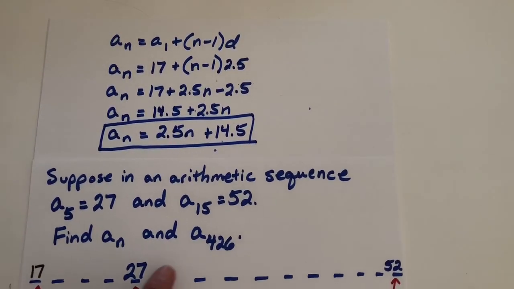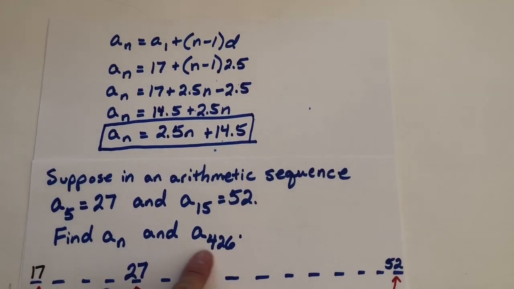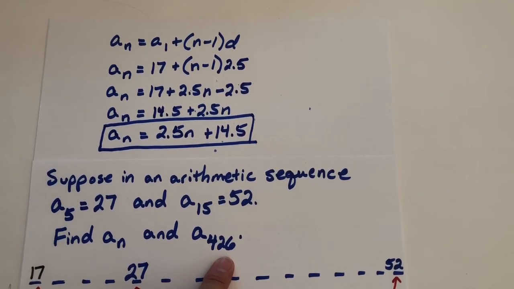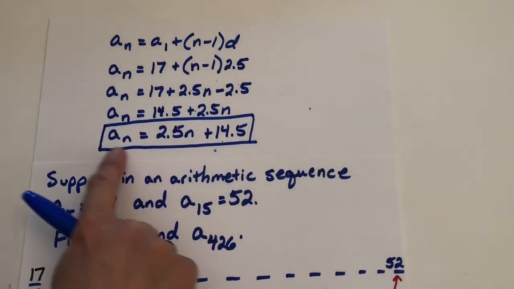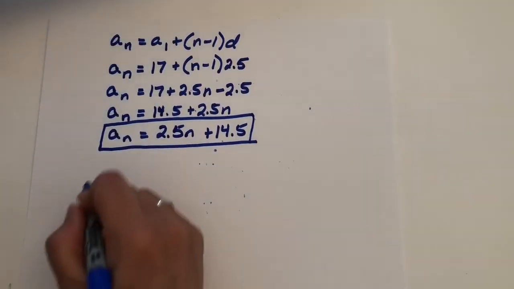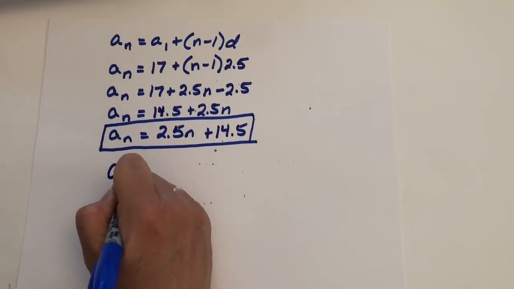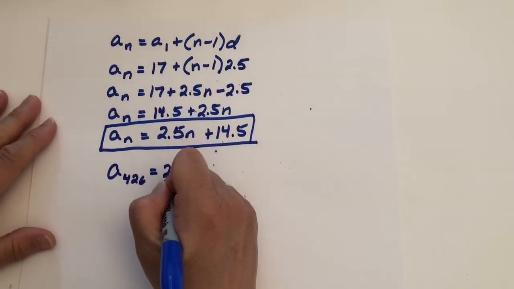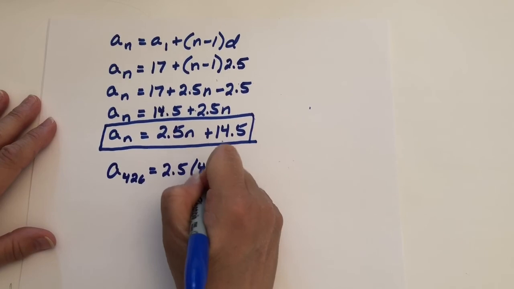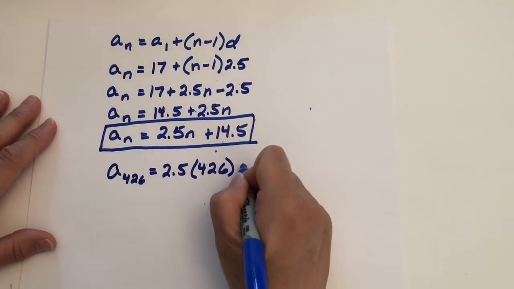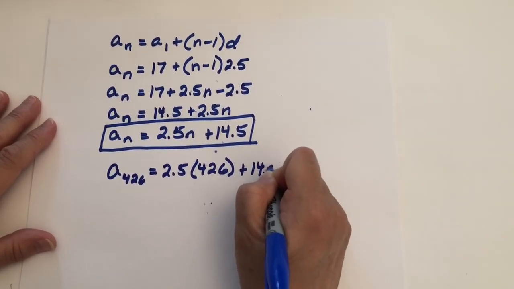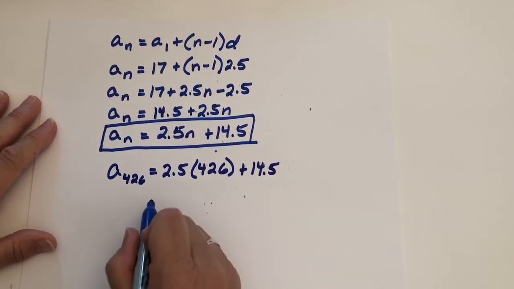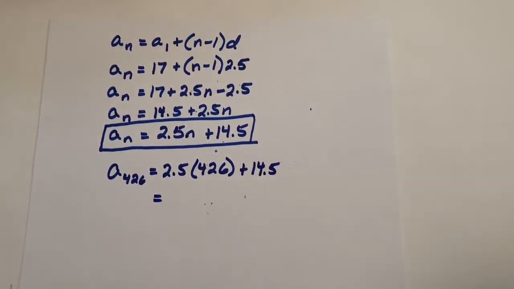The last part of the question was to find the 426th term. So here's our formula we just created. So a sub 426 is 2.5 times 426 plus 14.5. And let's punch that in on our calculator.